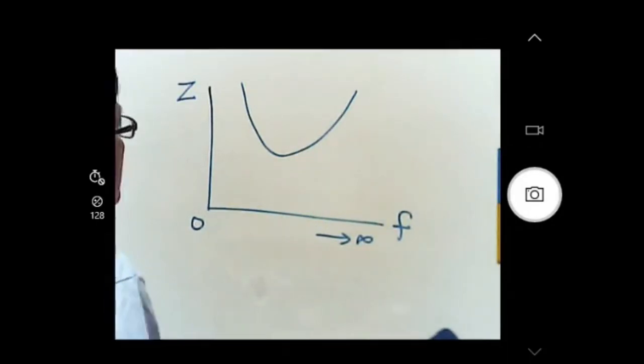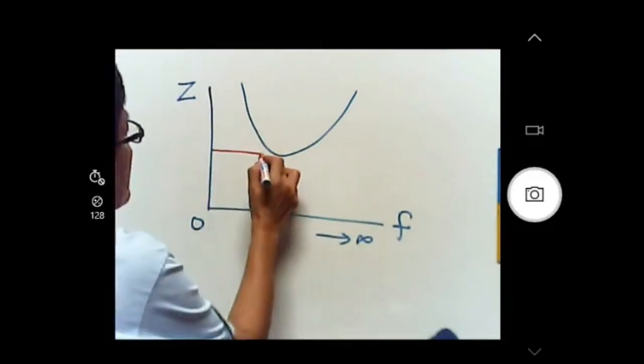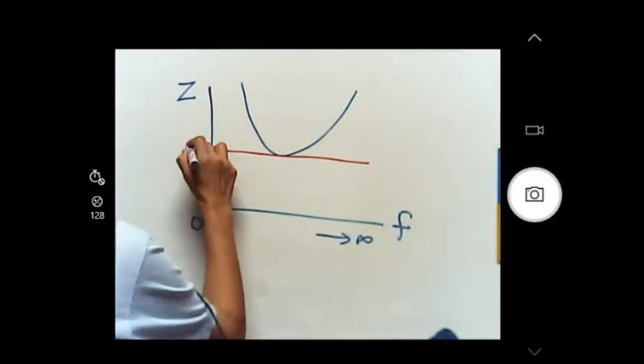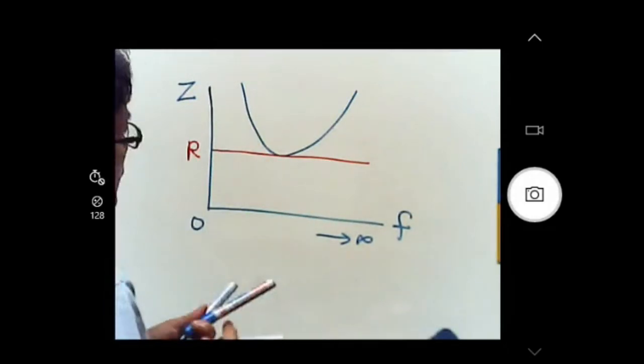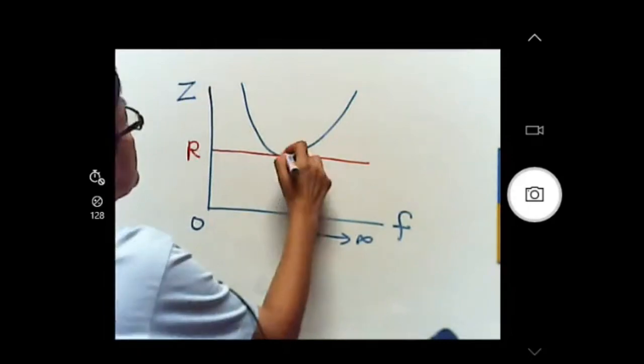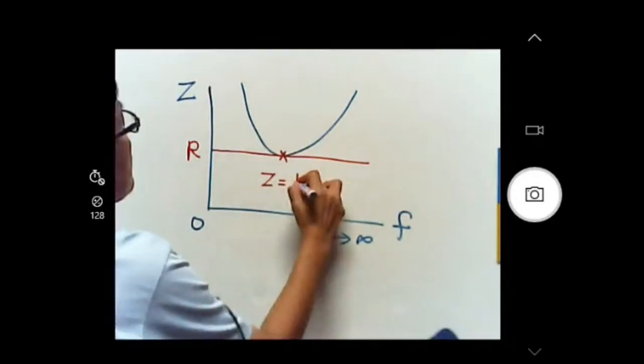But the graph for resistance is a constant, because resistance does not depend on frequency. So at a certain point, the value of impedance will equal the value of R.